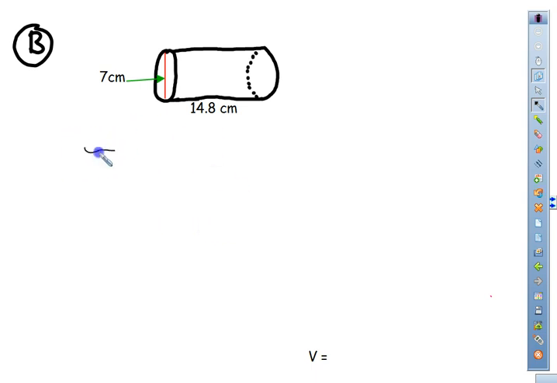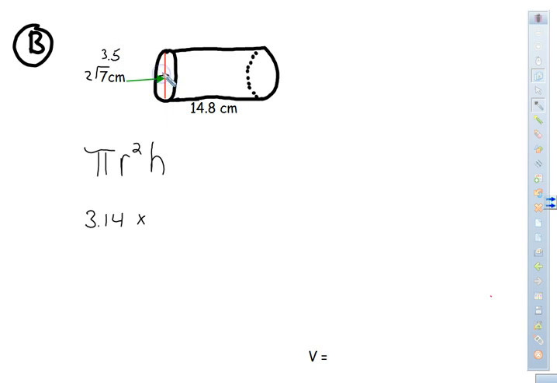Well, once again, we want to put the formula pi times the radius squared times h. So now we've got to take 3.14 times, well, did they give us the radius or did they give us the diameter? In this case, they gave us the diameter because it does go completely across the circle. So we are going to take half of this, so we're going to have to divide it by 2 to get your 3.5.